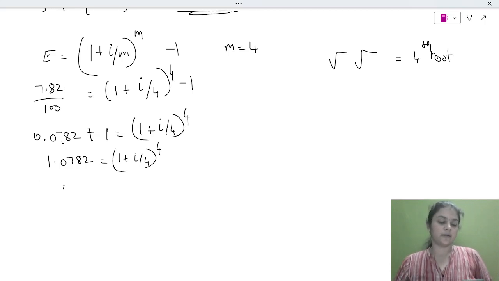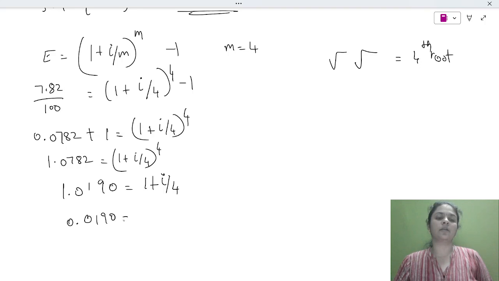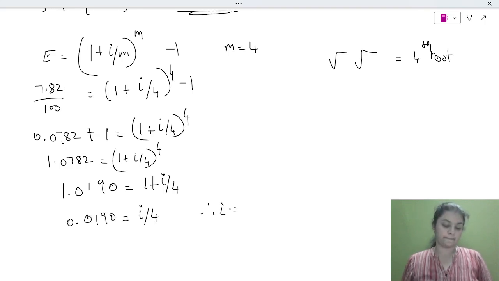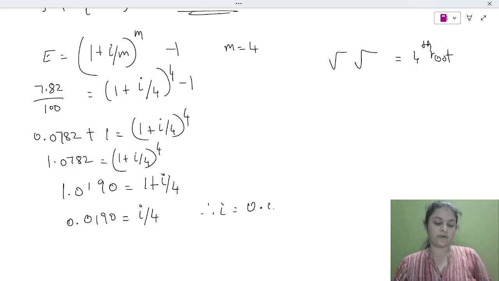So you will get 1.0190 is equal to 1 plus I by 4. So minus 1 take to the other side, 0.0190 equals I by 4. Therefore I equals 0.0760.